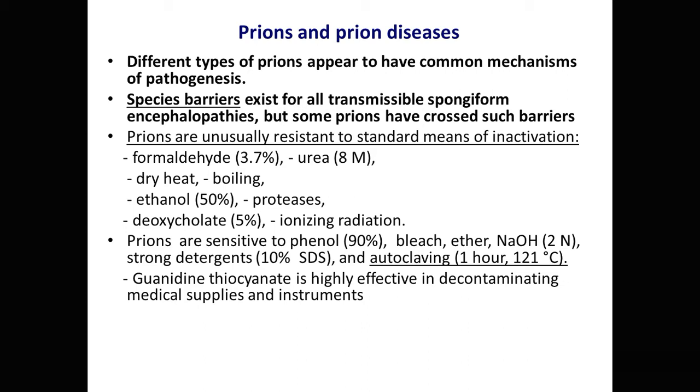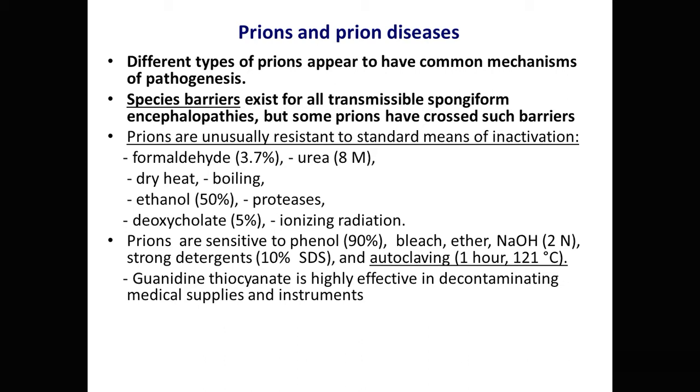There are sporadic forms when, due to mutation in the prion gene, there are changes in the amino acid sequence of the prion protein, and the prion protein becomes misfolded. There's also an infectious form when humans or animals consume food that contains the diseased prion proteins, and then these prion proteins can interact with the normal ones, cause misfolding and development of the disease.